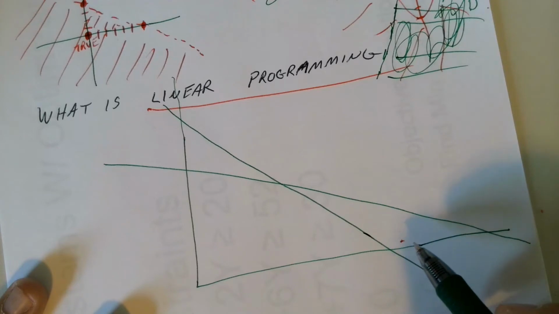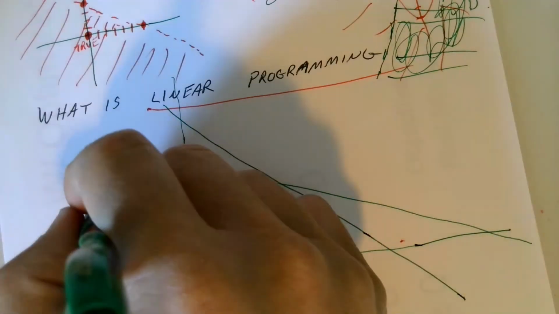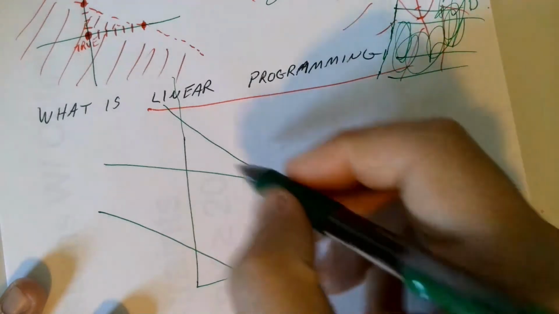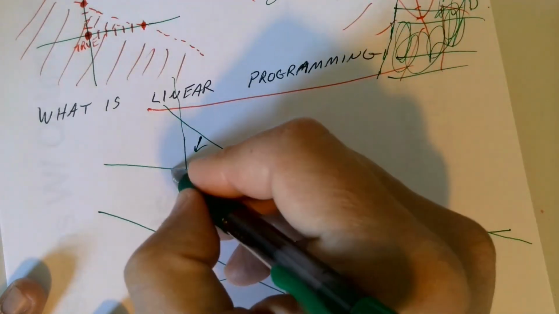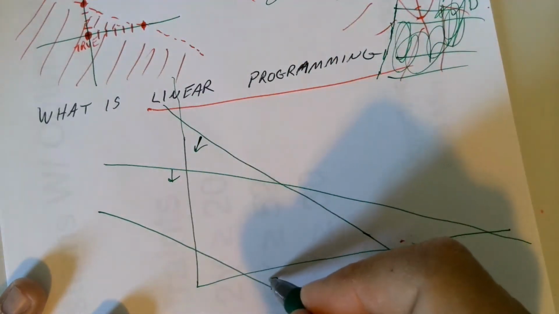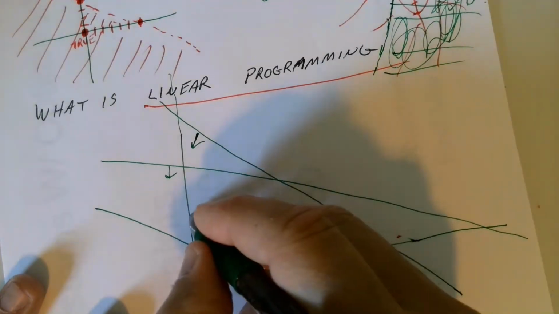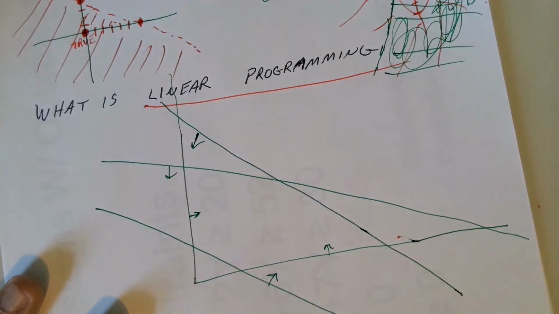Okay? And maybe I have to make a minimum of a certain amount of things based on my contract. So that means that this line would shade down, and this line would shade down, and this line would shade up. And I know that it has to be positive, so this line would shade up, and this line would shade up, because I can't have negatives in any of those things.